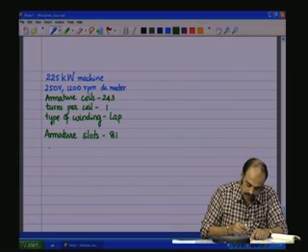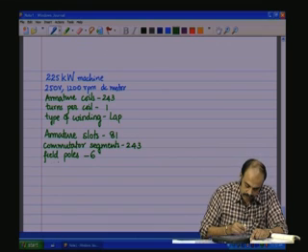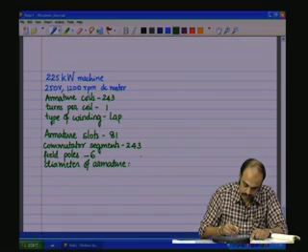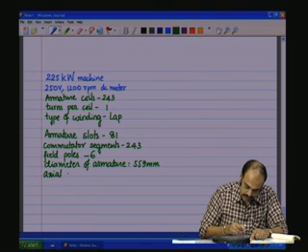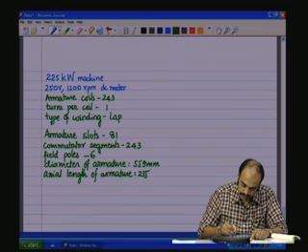81, the commutator segments 243, field poles 6, diameter of the armature, armature 559 mm, axial length of armature 235 mm.